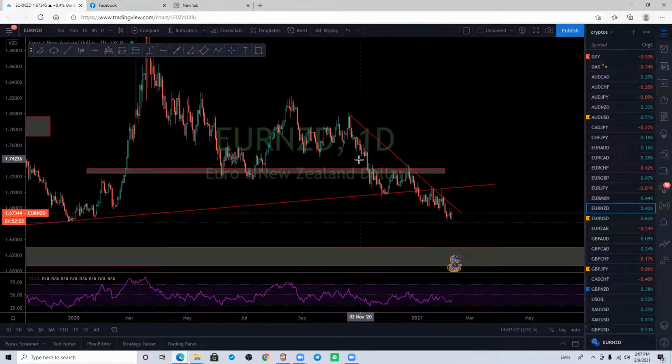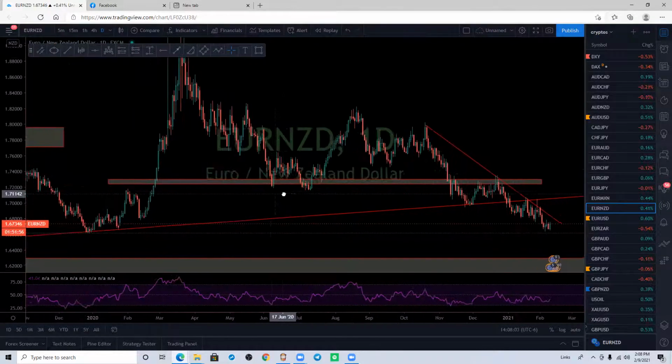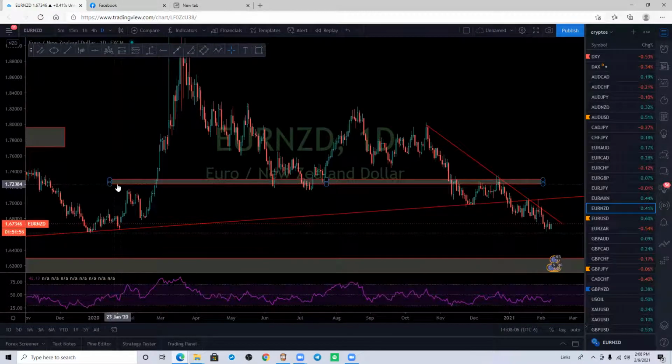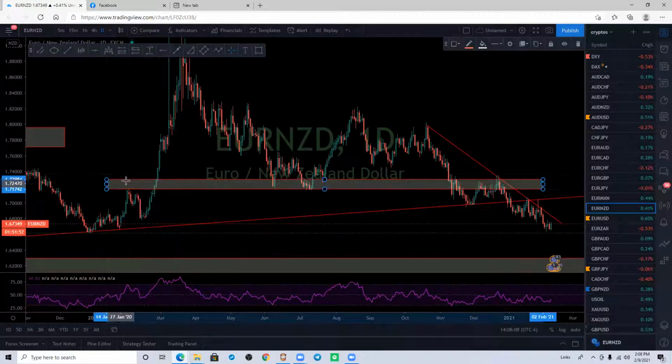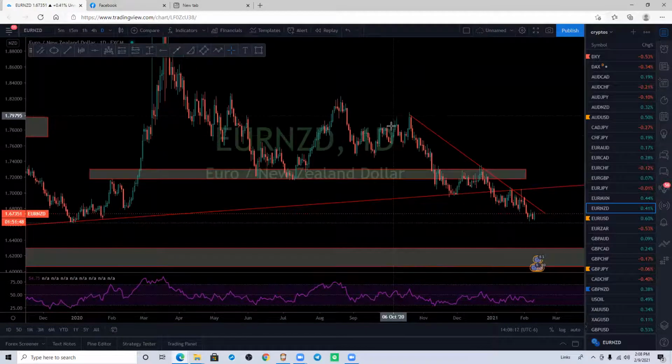So right here, you can see that this was a support zone. When price was above here, it held up the price several times. From below, it was resistance over here. It came down, hit our trend line, was rejected twice at our zone.